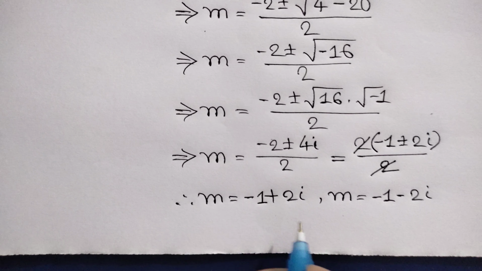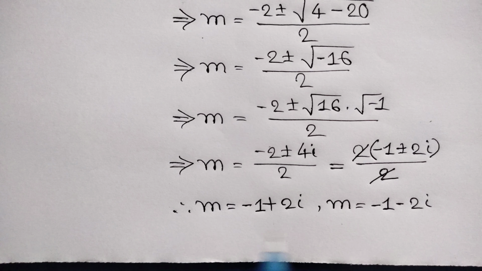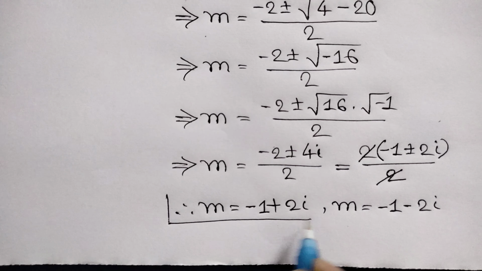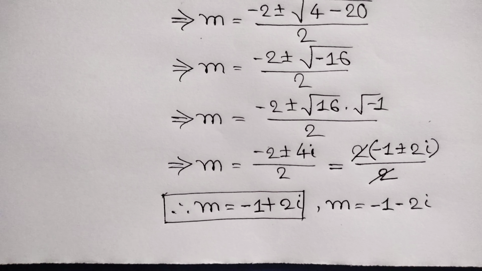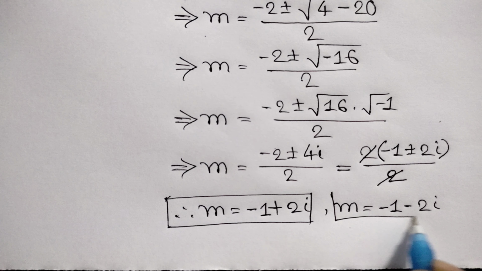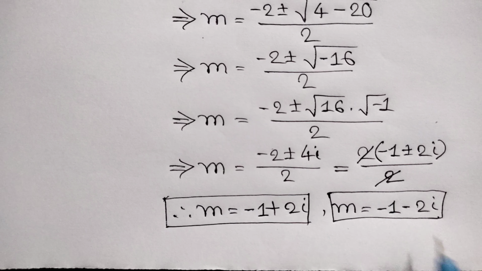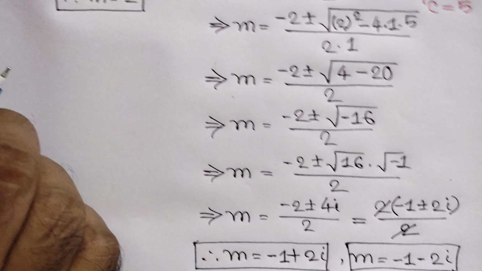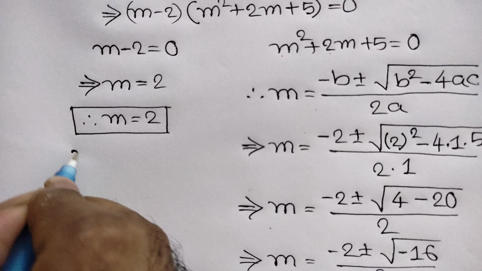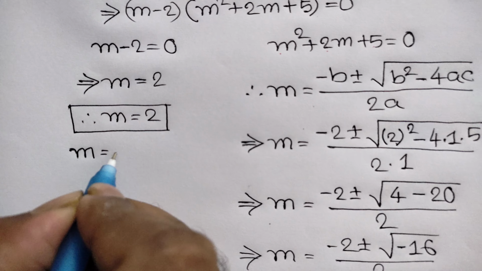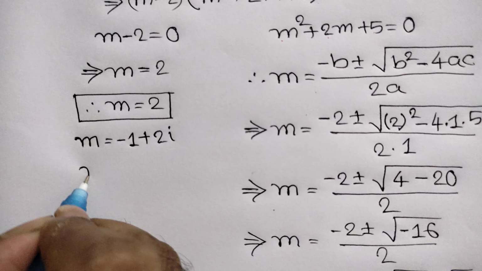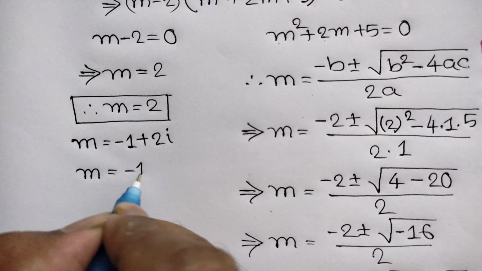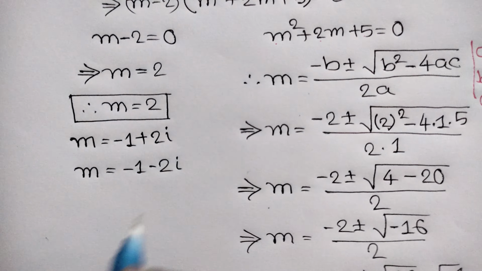So these two values are complex values. Okay, so there are totally three values of m. m is equal to 2, m is equal to negative 1 plus twice i, and m is equal to negative 1 minus twice i.